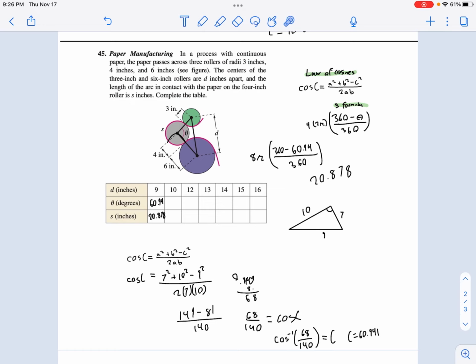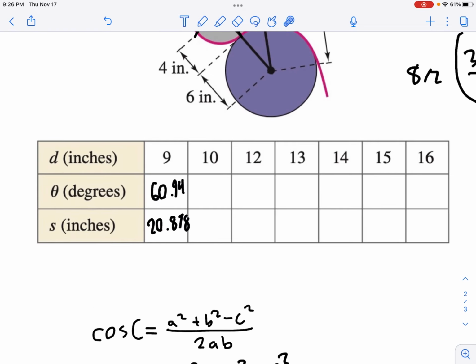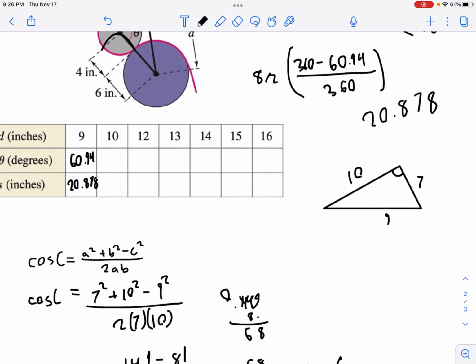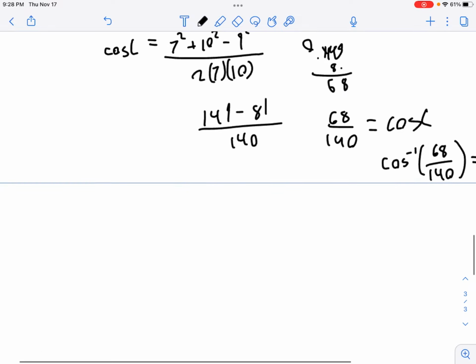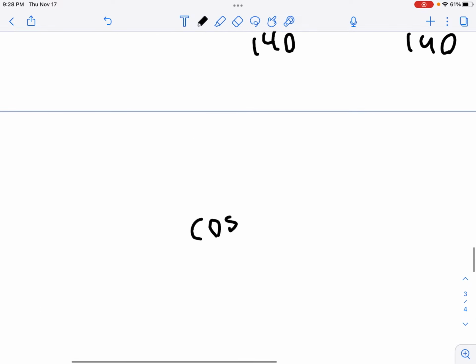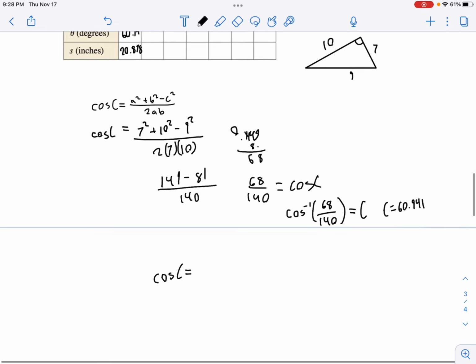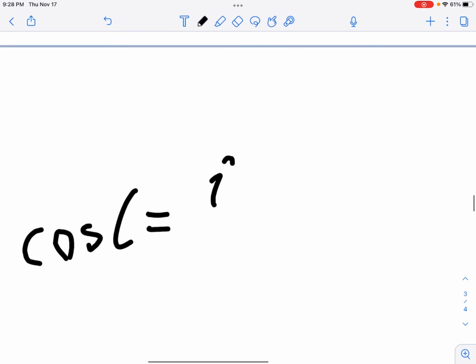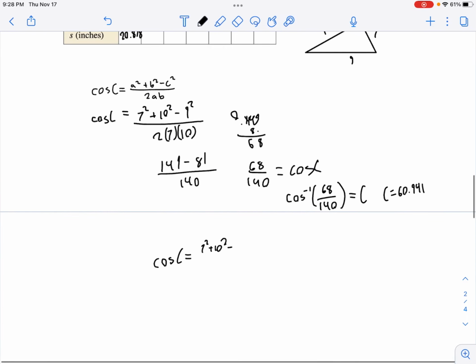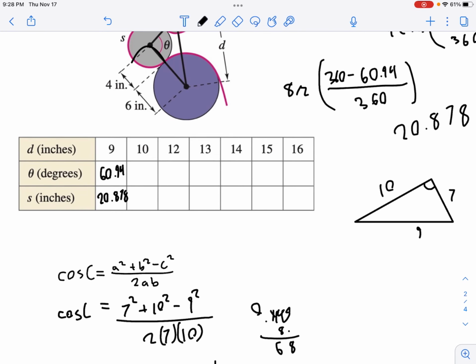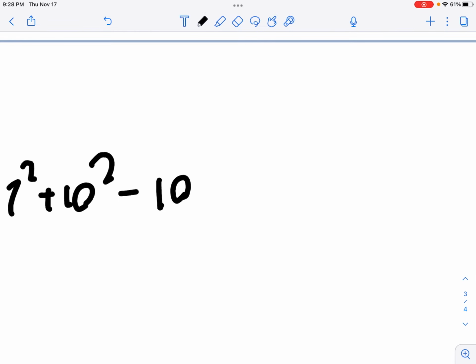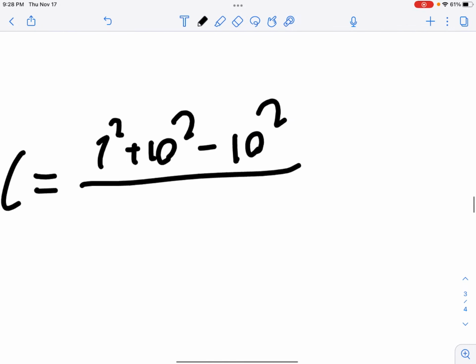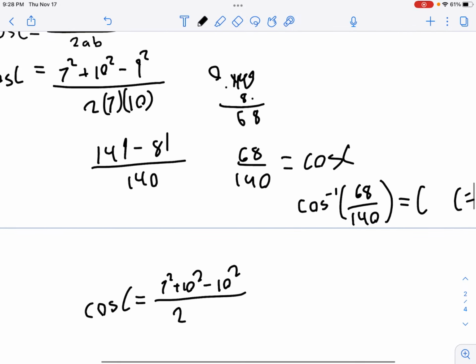So now we got our first one done, and we should do the same thing for the next one. We should replace the D. So let me clear this. We'll just go lower. So cos C equals 7 squared plus 10 squared minus our new one, which will be 10 because our new D is 10, our new C now, over 2AB, which is going to be 2, 7, 10.